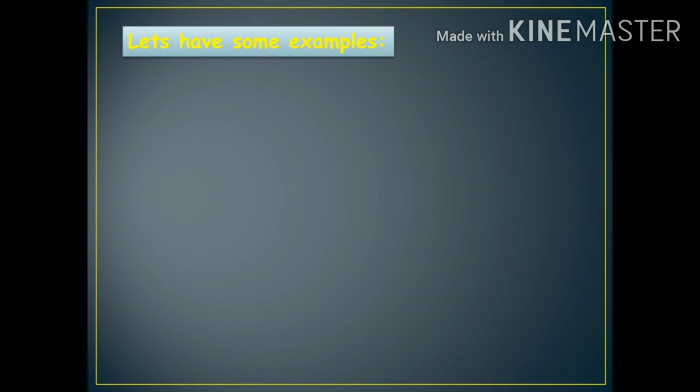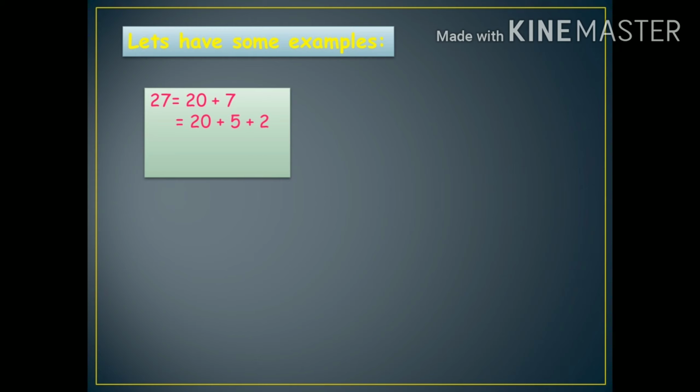Let's have some examples. 27 is equal to 20 plus 7. We can write it as 20 plus 5 plus 2, that is XX plus V plus II.